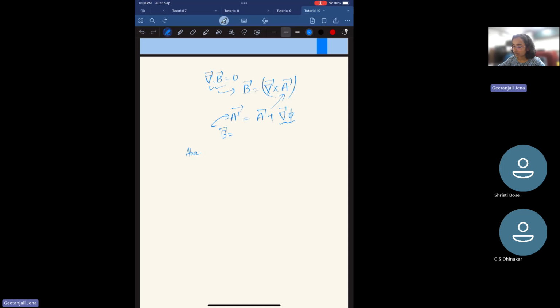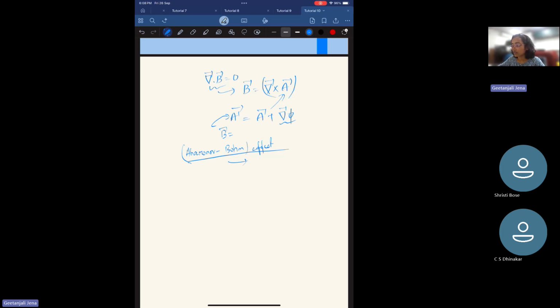Some of you may already know what this effect is. It emphasizes the importance of the potential for a charged particle. In brief, it shows that in a region where you don't have any magnetic field or electric field, the charged particle will still be affected, and its physical behavior will change because of the vector potential.